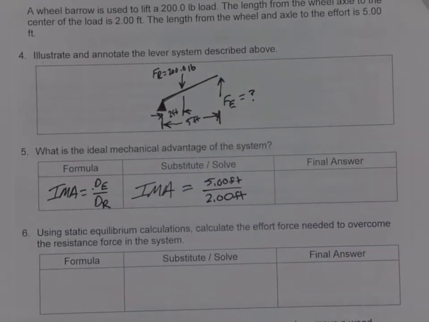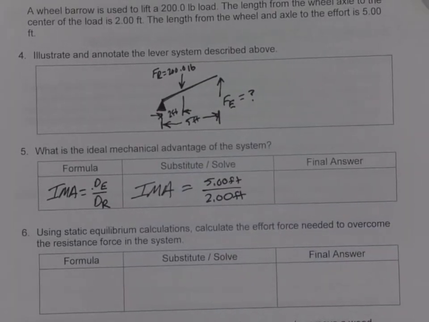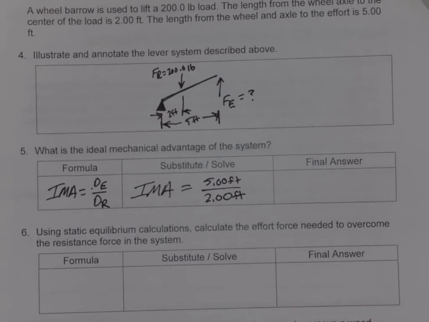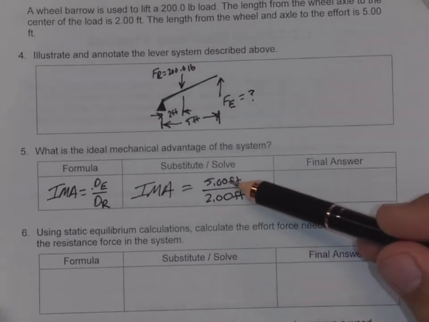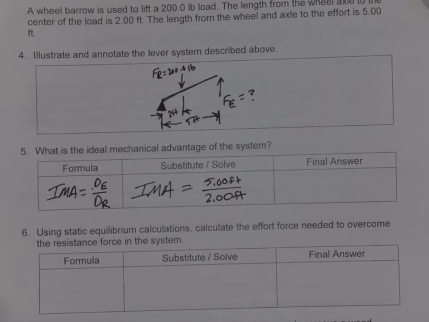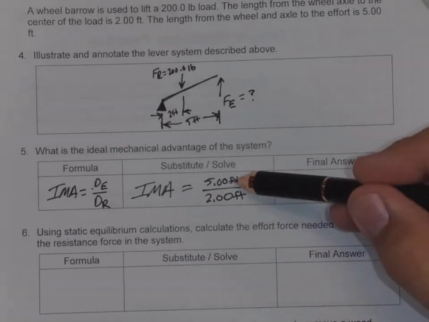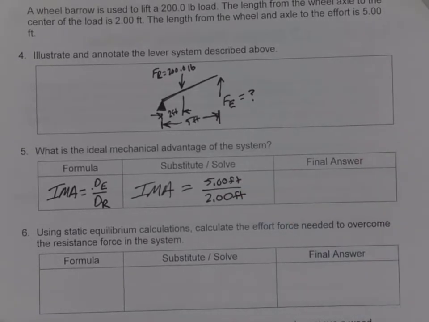As we talk about significant figures, when we get an answer, we make sure it fits to match the level of precision. They specifically put in that we have 3 significant figures. So I'm just going to divide these out. 5 divided by 2 gives me 2.5.